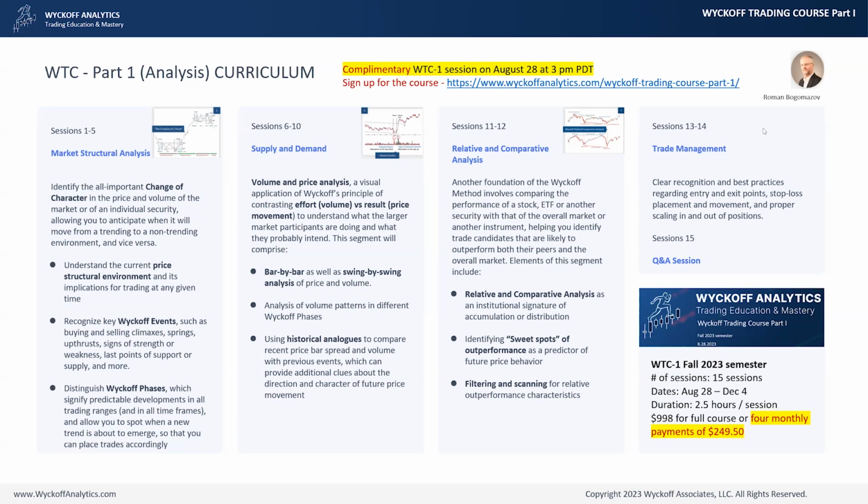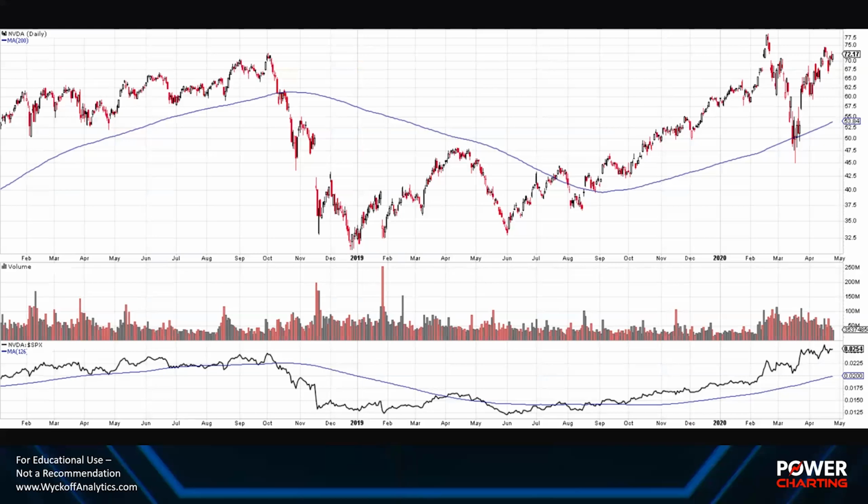All right. Well, let's go to our case study for today. Bruce, we're continuing with the Nvidia, and in the last video, we discussed this distribution and then this decline right here. So today is a very interesting continuation of the whole Wyckoff story that unfolds on this chart.